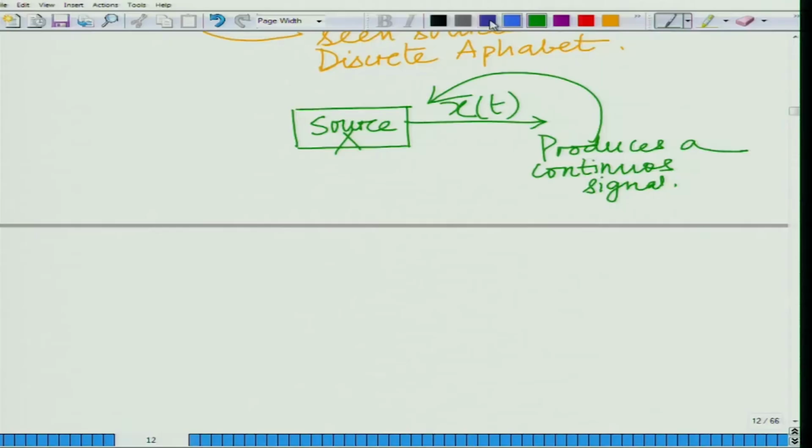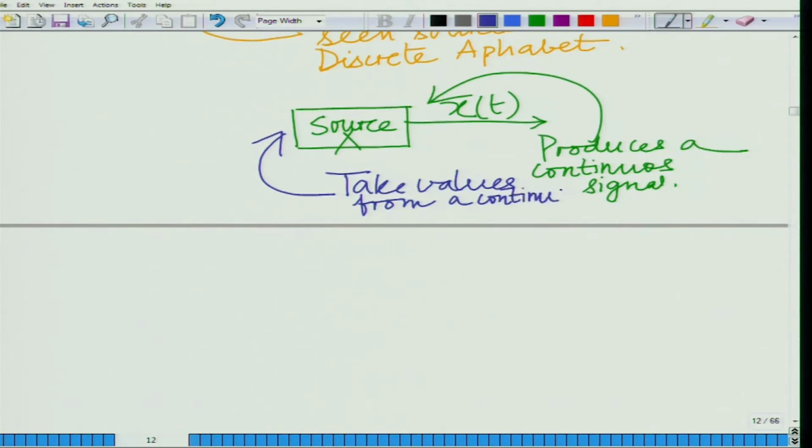Take values from a continuous set, for instance 0 to infinity.